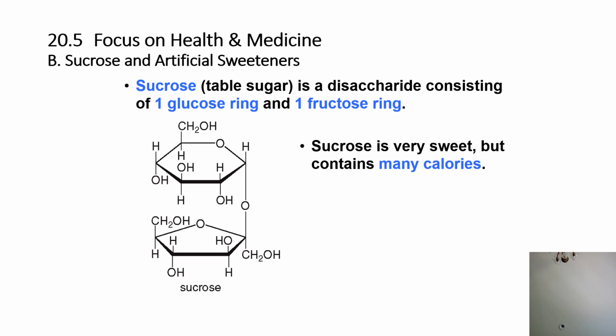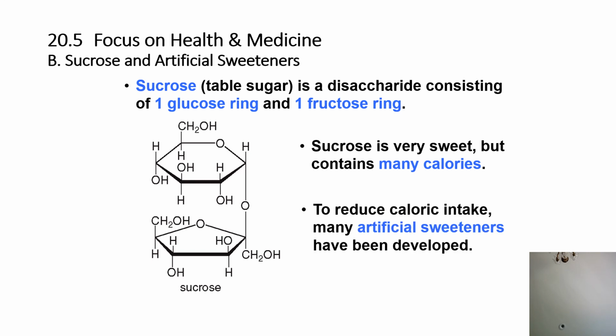It contains fewer calories than sucrose molecules. And in order to reduce calorie amounts, many people use artificial sweeteners. So there are a number of artificial sweeteners that have been developed to use in place of regular sugar.